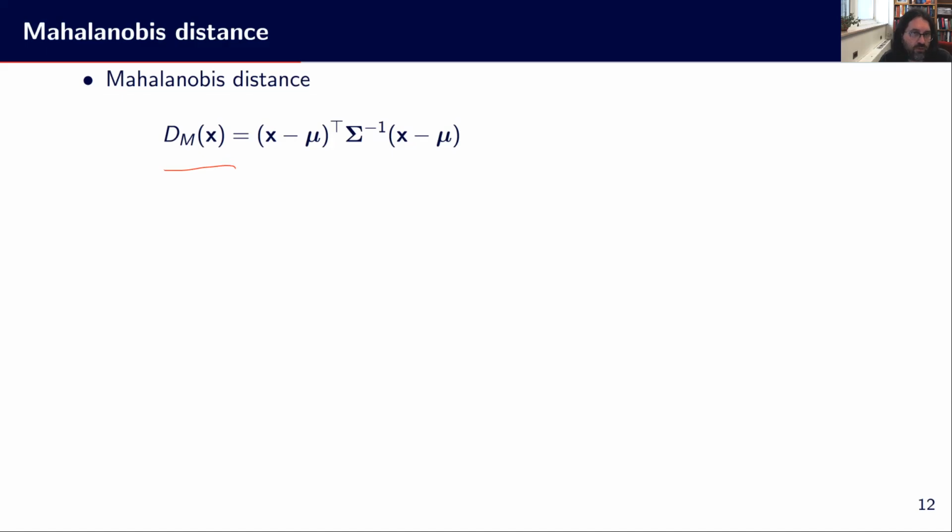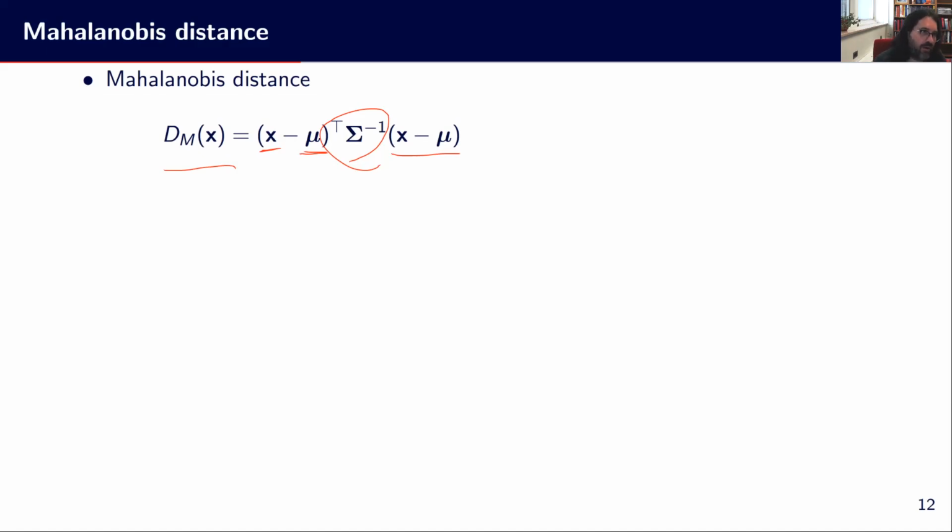We are just computing a value for a single x, but this is computed according to some normal distribution, and we are looking at the difference between the x in question and the mean vector of that distribution. So we are computing the difference between these two, but then we are also using the inverse of the covariance matrix. So it's pretty much like looking at the distance of one point from the mean of the Gaussian distribution, taking into account the shape of the distribution.